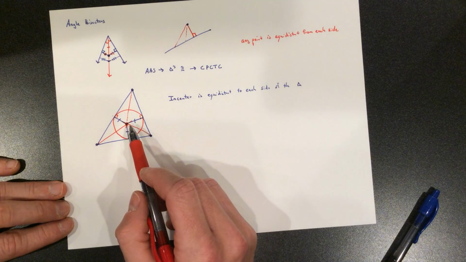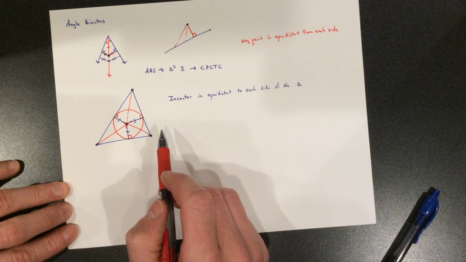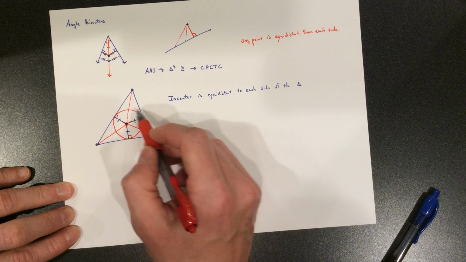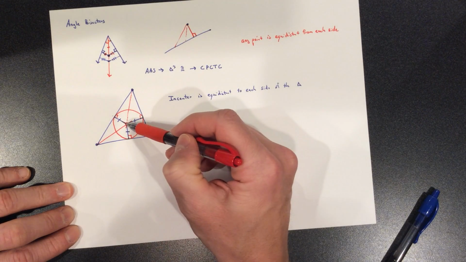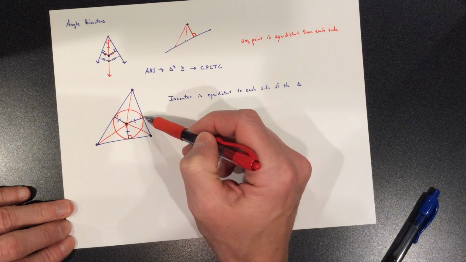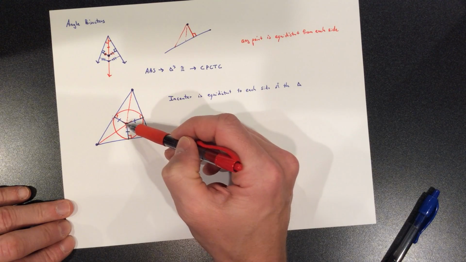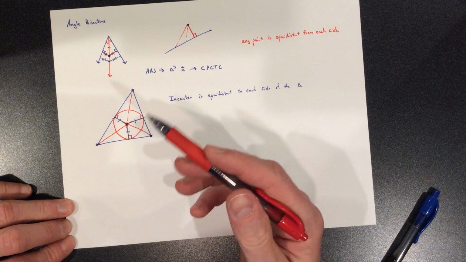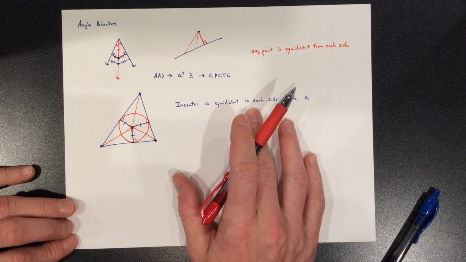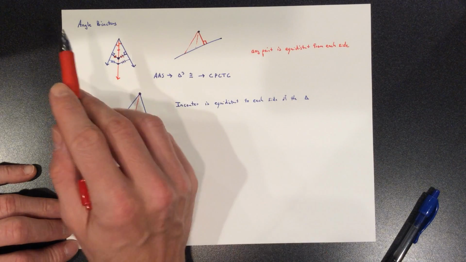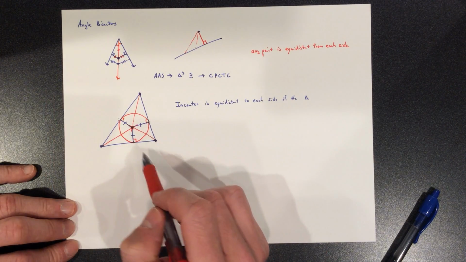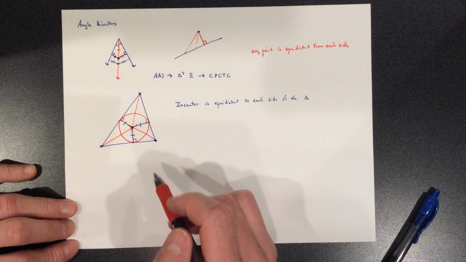Because they're angle bisectors, they're equidistant from the sides. So if you had three roads and you were there, it wouldn't matter which road you wanted to go to. You're the closest to all three of those roads at that location. Again, the InCenter is another version of the center of a circle. The InCenter happens to be the intersection of the angle bisectors, and we already talked through why that is true. Okay, so that's InCenter.